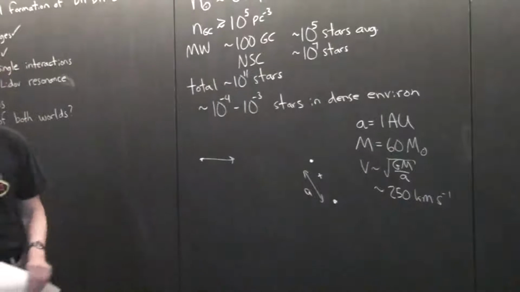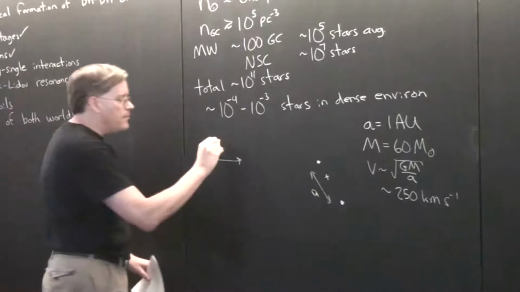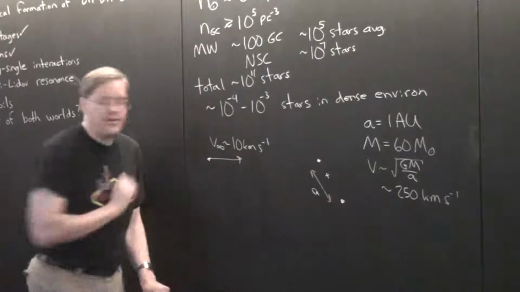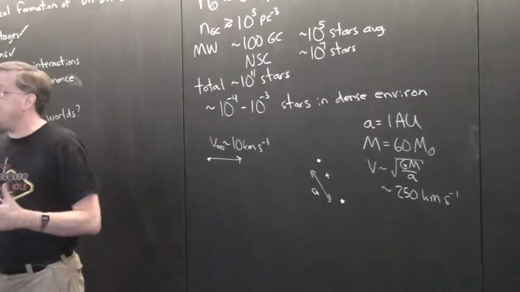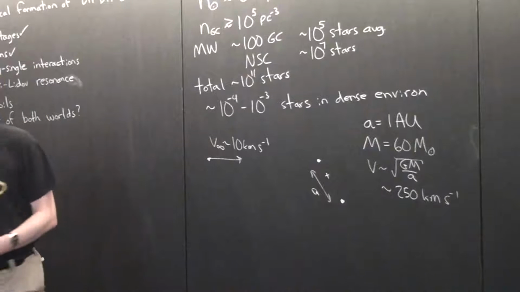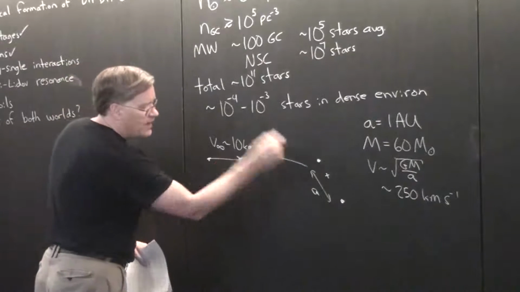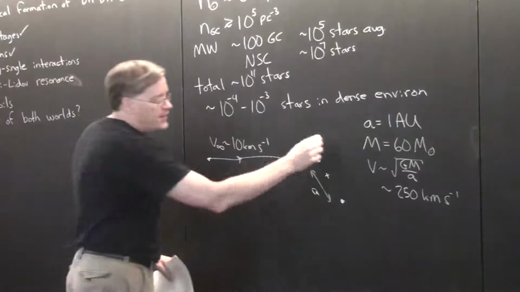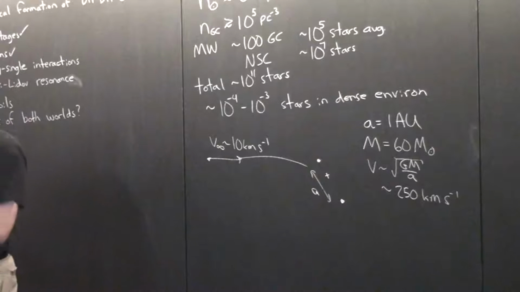In a globular cluster, the typical speed in terms of the velocity dispersion might be something like 10 kilometers per second. This is much larger than this, which means that if you want to actually do the calculation, you are starting in the gravitationally focused limit. And what we mean by this is that the passage of this is going to be deflected significantly by gravity. This means that the effective cross-section is not, in fact, quadratic in A, it's linear in A because of the effective focusing.